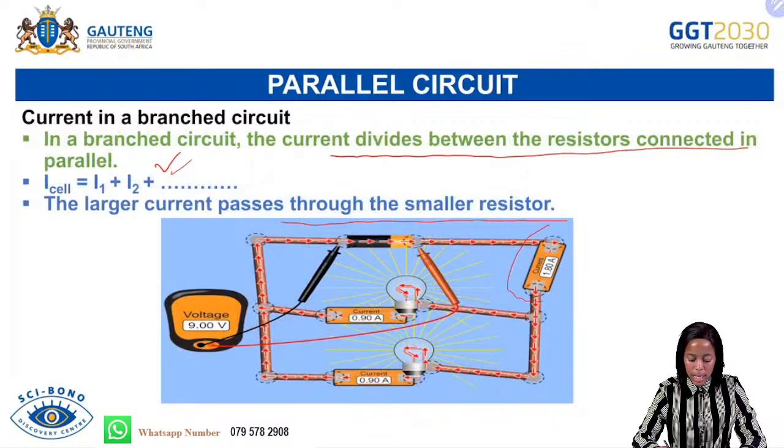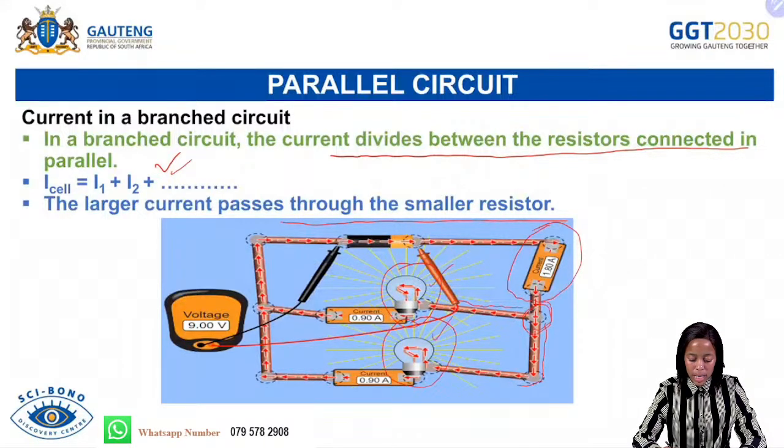We can see that the ammeter reading here is 1.8 ampere. But because the current will divide, some of the current is going to travel to this light bulb, and some of the current is going to travel to the light bulb at the bottom.